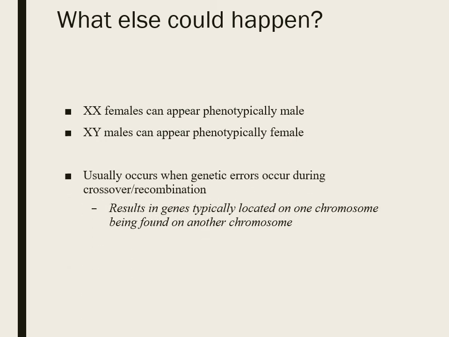This is rare, but usually it happens when there's a genetic error that occurs during one of the phases of cell division where there's crossover or recombination of different genes on different chromosomes. Sometimes that SRY gene can come to be located on an X chromosome, or other genes can switch chromosomes. Like I said, it's rare, but it can happen. So if you haven't already figured out by now, you cannot necessarily tell the genetic sex of someone just by looking at them.